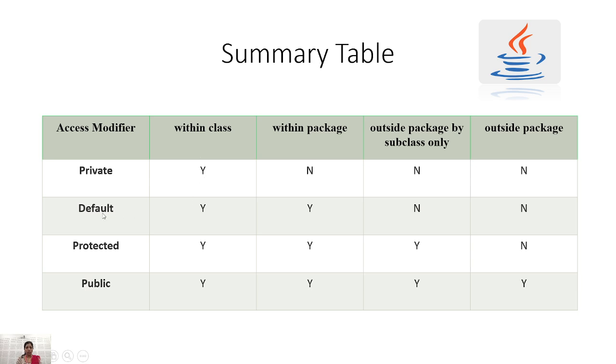Default, as it has a wider scope after private, can also be accessible within the class. Protected, yes, and public, of course, yes. So these access modifiers go step by step: private is the narrowest, then default, protected, and the widest is public.